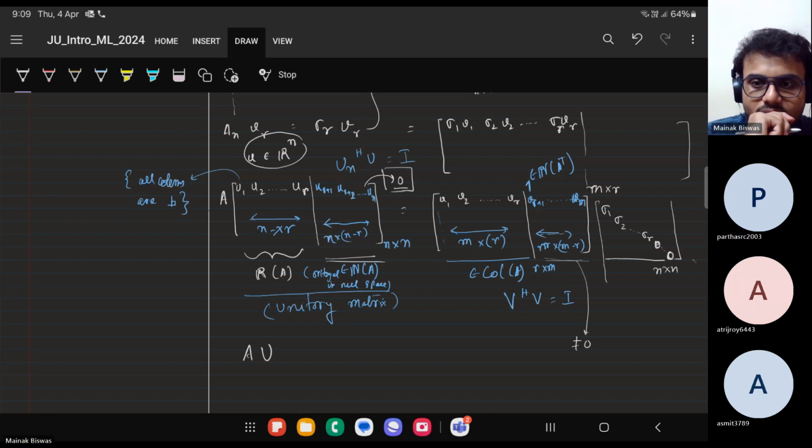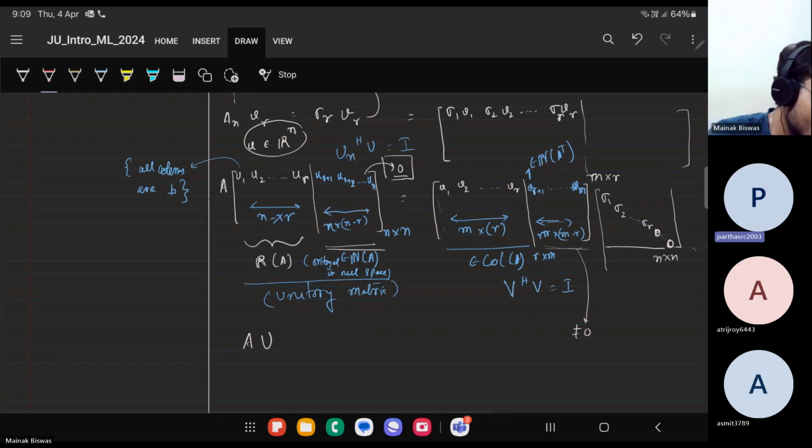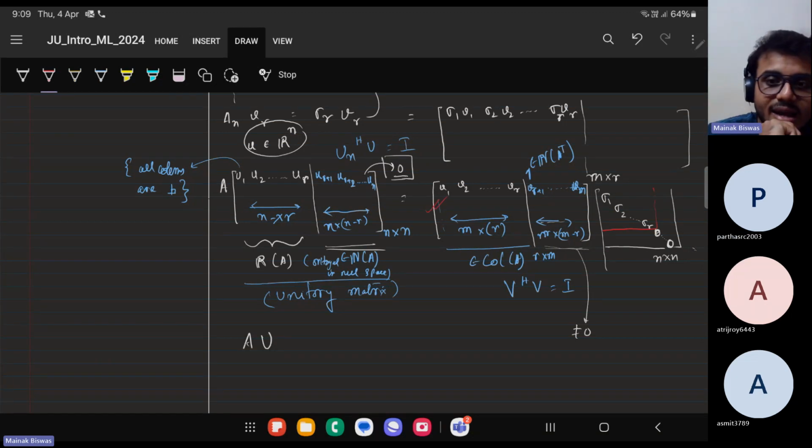Yes or no? There are diagonal elements which solve for the first r, and then the next ones up to n. Clear. Now I am saying, but how do I make it a conformable matrix?